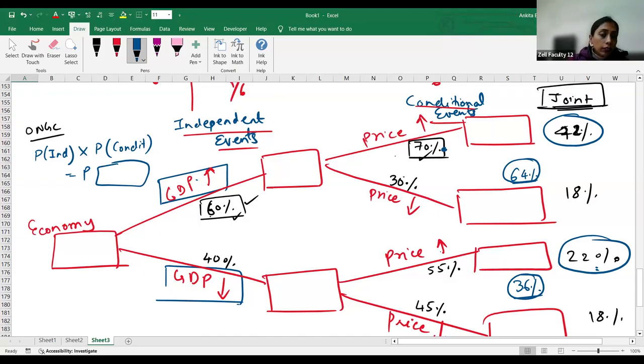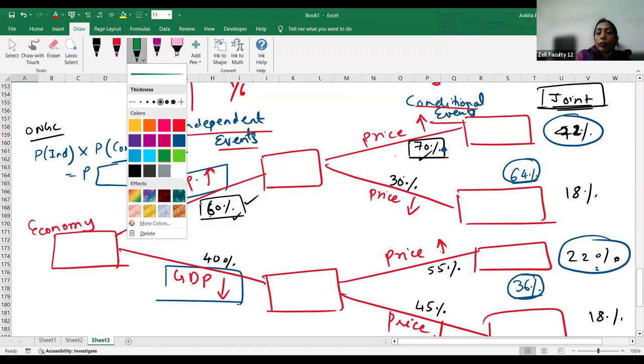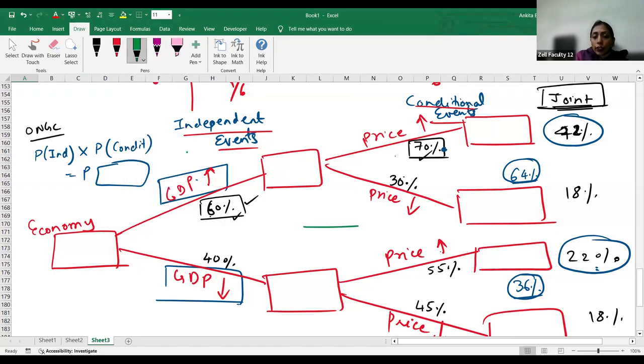Do you get the question? I'm telling you that the price has increased. So this is given to you, so I'll put it in the denominator. And I'm asking you, what is the probability that GDP has increased? So due to price increase, the GDP has increased how much?